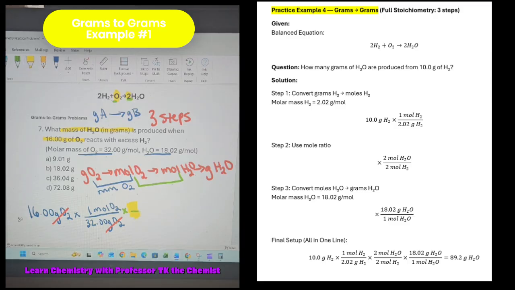So in this top box, I am going to put the number we need for water. On the bottom, I'm going to put the moles of oxygen, which is 1. On the top, moles of water, which is 2.